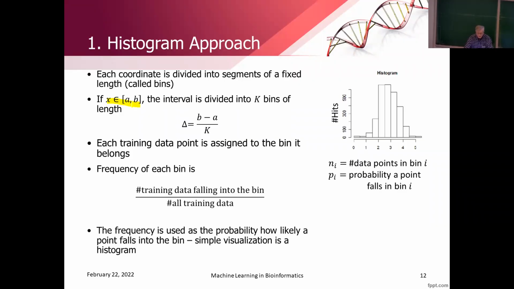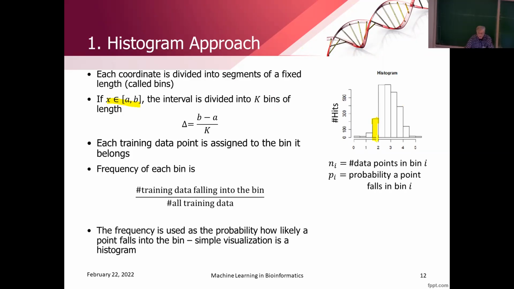And for each bin, we count the number of observations which fall within the bin. And the number of observations will be depicted as the height of the bin, and of course the bin can be depicted as one rectangle.